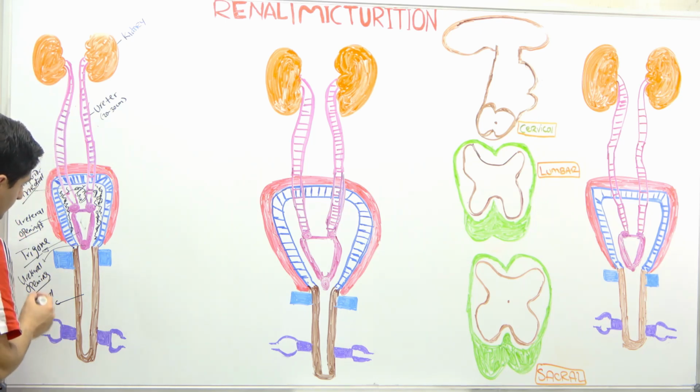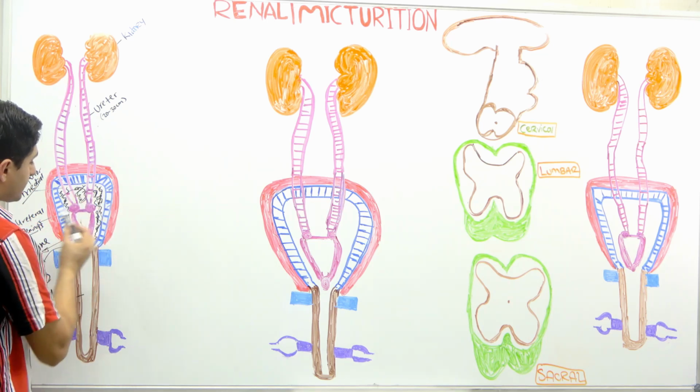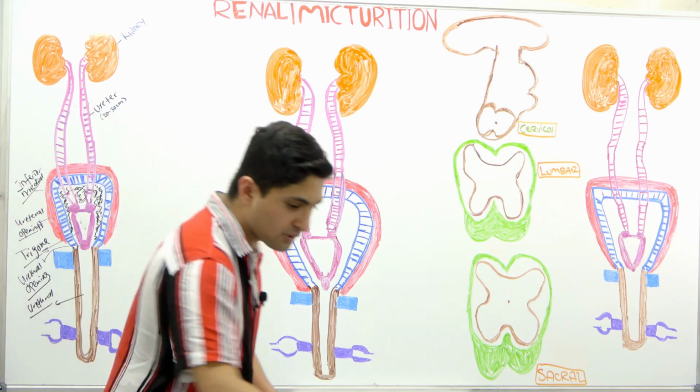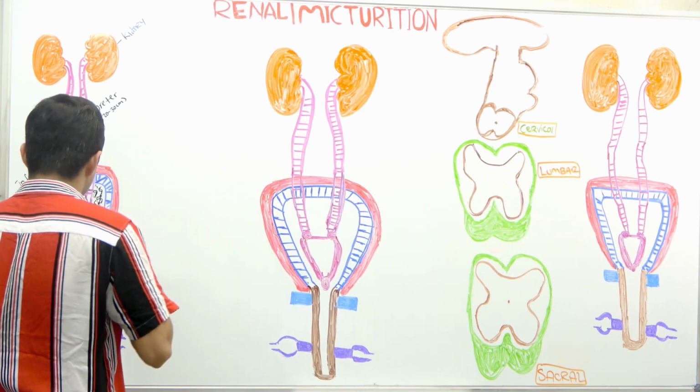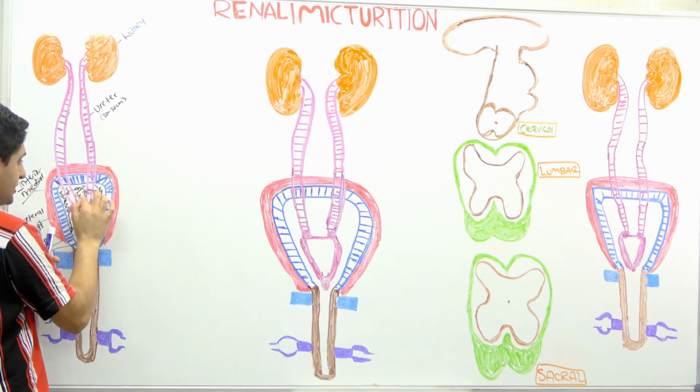Now, we have to talk a little bit about the histology of this urinary bladder. Remember, this urinary bladder consists of a couple of things. Look, we have to go to the inner layer. Inside this, you see the black ridges.